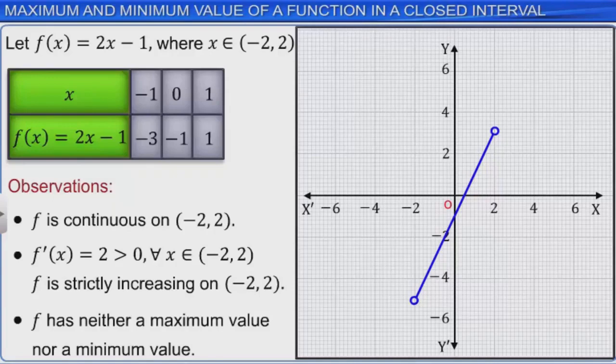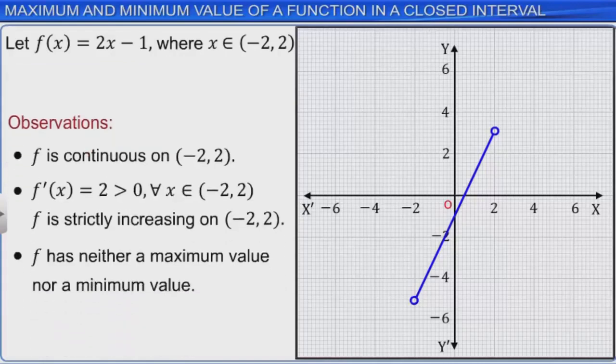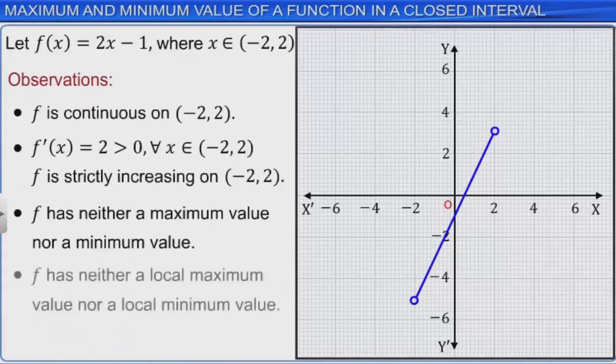Therefore, f has neither a maximum value nor a minimum value. Also, there are no turning points in the graph. So f has neither a local maximum value nor a local minimum value.